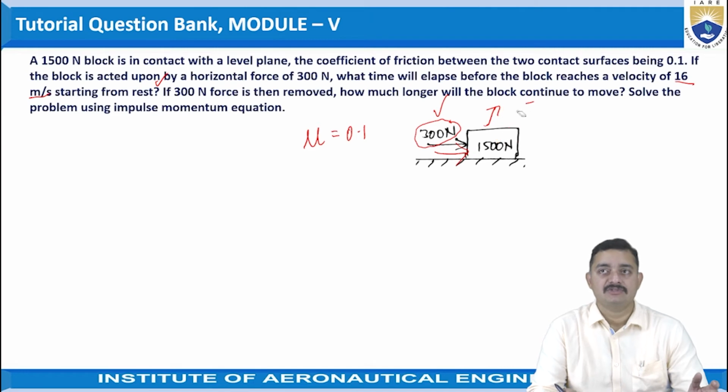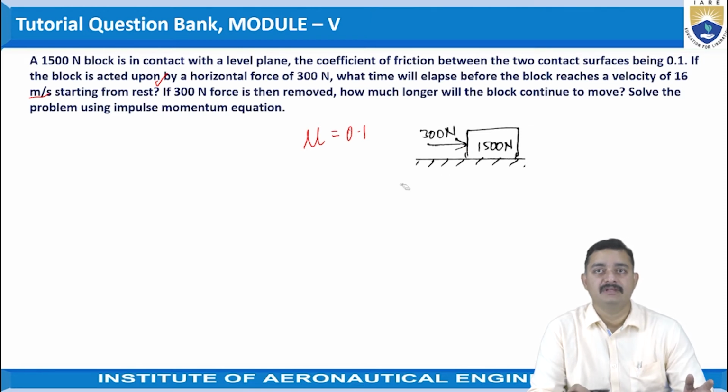Once it starts to move, the question being asked is, what time will elapse before the block reaches 16 meters per second speed or velocity? That means we need to calculate the time at which the velocity of the block would be 16 meters per second.